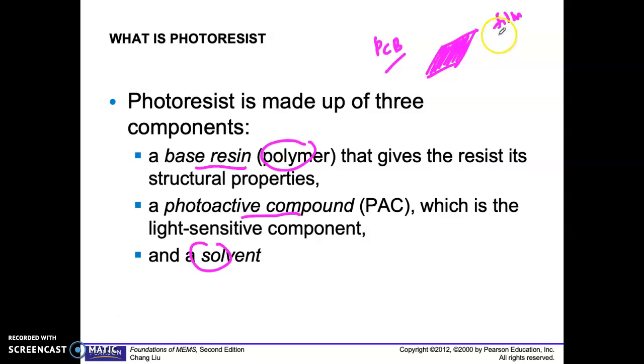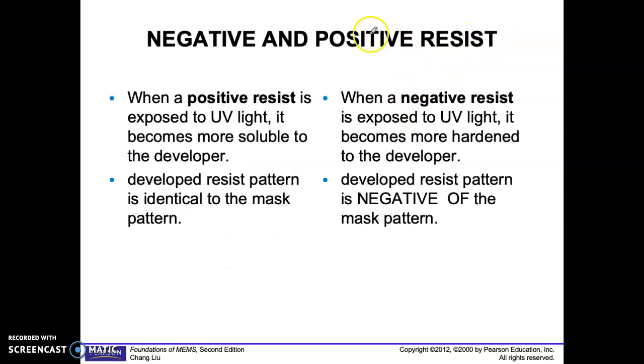So in order for you to expose that film, you need to go to the yellow room. The process is almost the same as what you need to do with the photolithography. There are two types of the resist. In PCB we call this one film, but in your MEMS device resist is in the form of a solution.